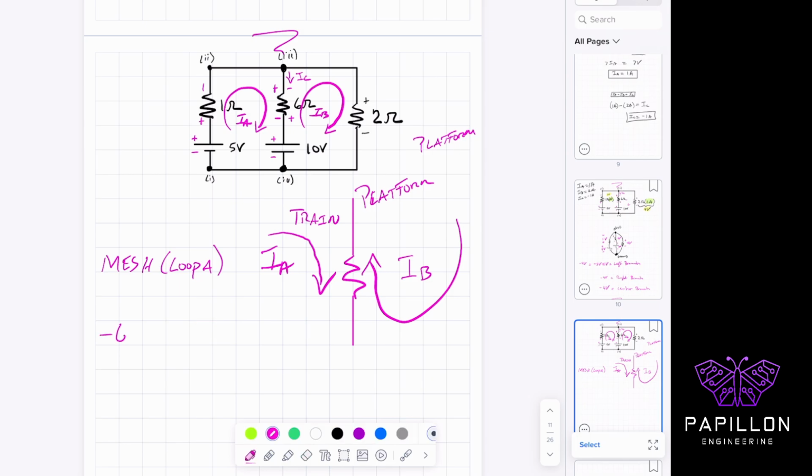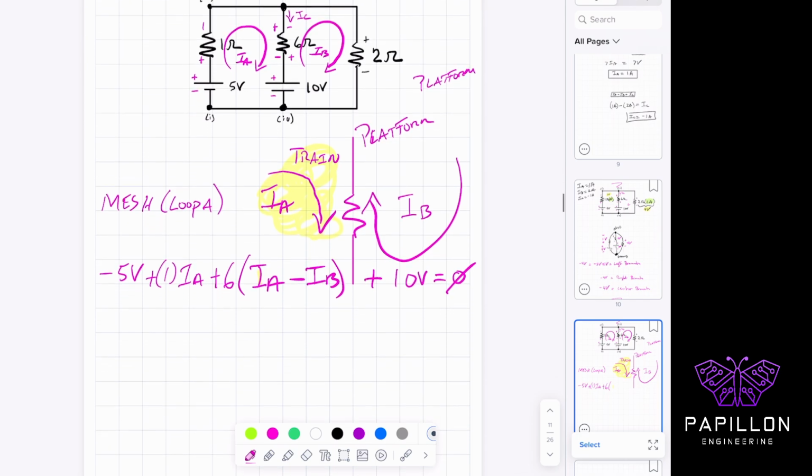You will simply do minus 5 volts, like I said before, plus 1 times IA, and then plus 6, and don't overanalyze it. Say if I'm analyzing loop A, then I am physically on this side of the train, the left of this train. It's going to appear to me that my train called IA is going opposed to IB, plus 10 volts equals 0.